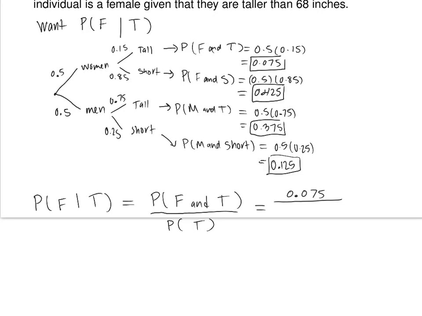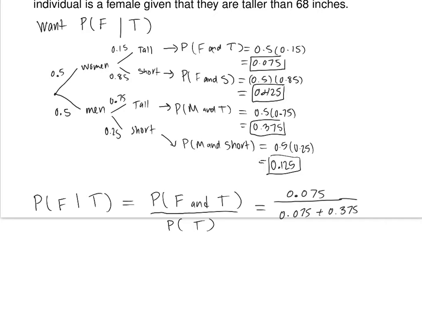So it's this one and that one: 0.075 and 0.375. Does that make sense? If you're tall and you're a woman, or you're tall and you're a man, right? So that's how you get that.